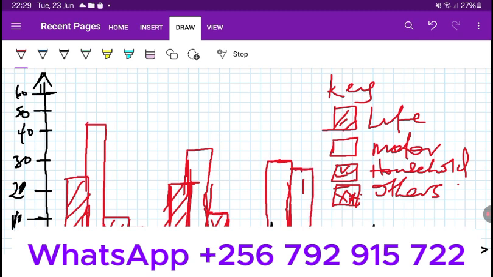Then the other one is 21. 21, let's assume it's around there. Of course, this one we shade. Then this one we shade as well. Then the last one is 8. 8 is around there. Shade with an X, just to differentiate.